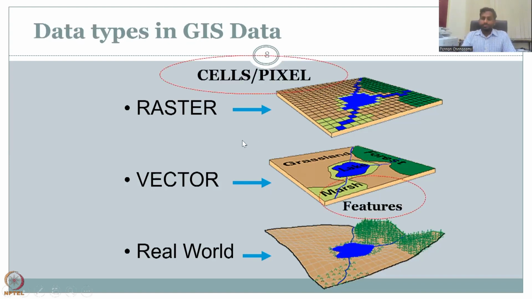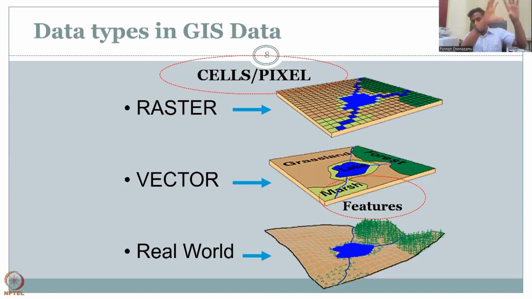So moving on, the differences here we see: the raster data has cells and pixels. The grids, as I said, are called cells or pixels, and you can use them interchangeably. Grids equal cells and pixels, and each of them has a property that across the canvas, across the image, the grid size is the same, and it is a square grid.